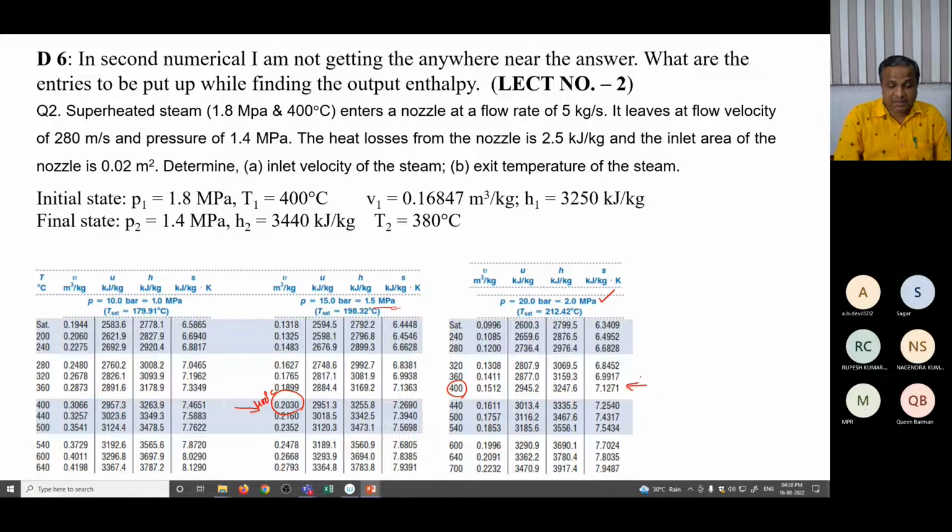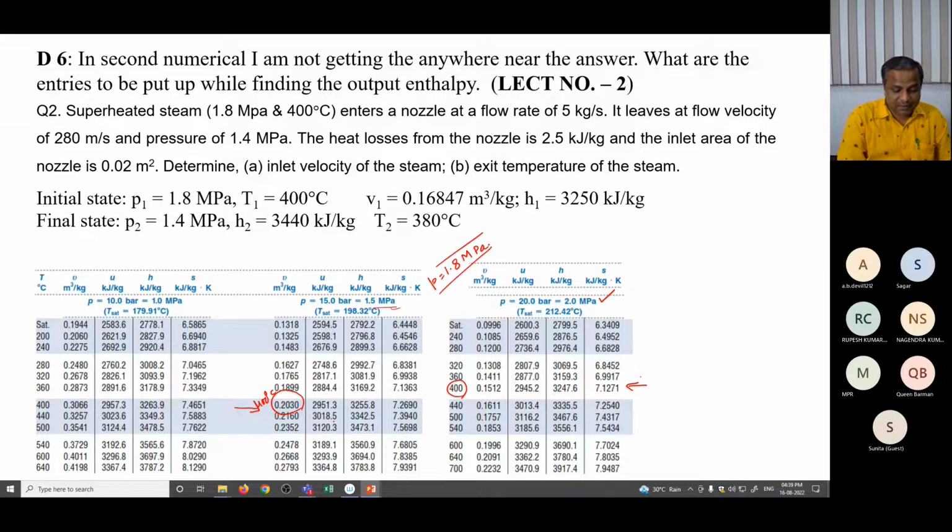And basically, this is where your interpolation comes into account. Based on the data, we need to find where 1.8 is. So your actual P is 1.8 megapascal.